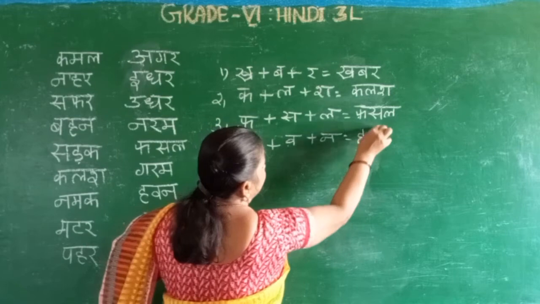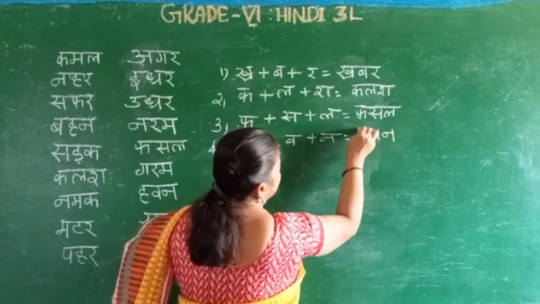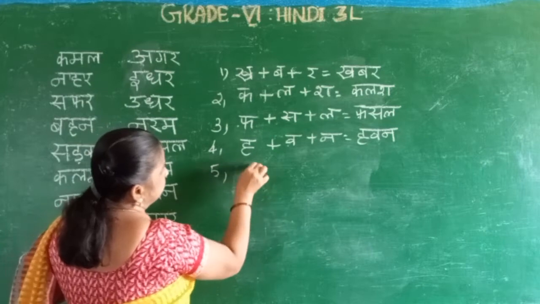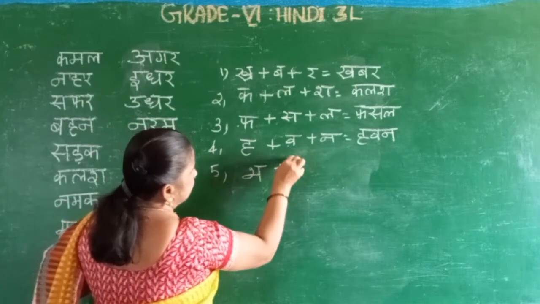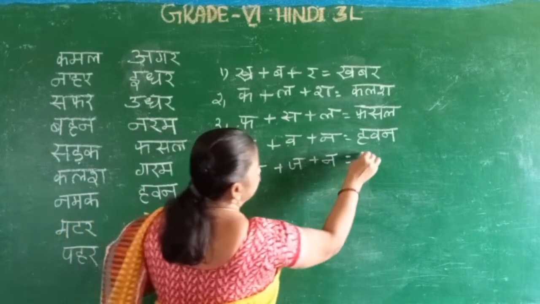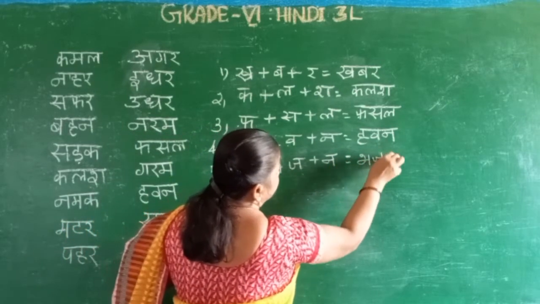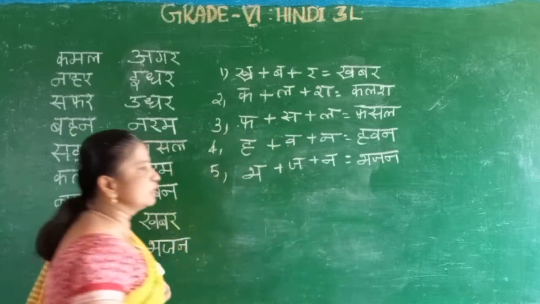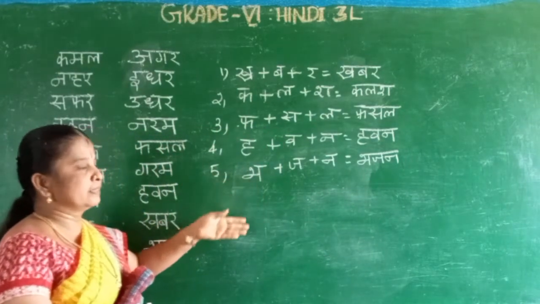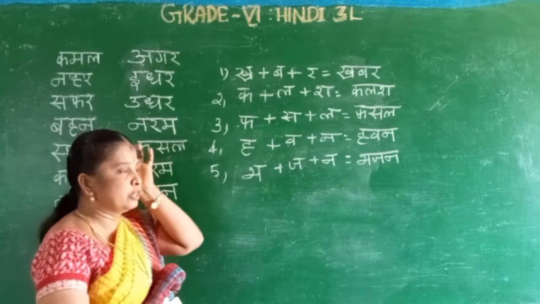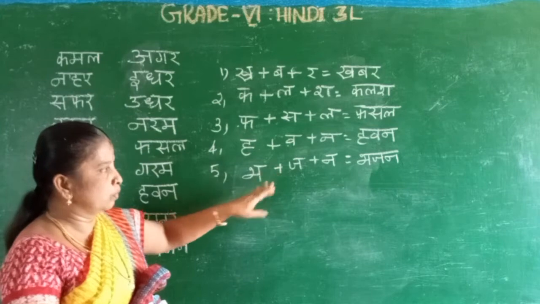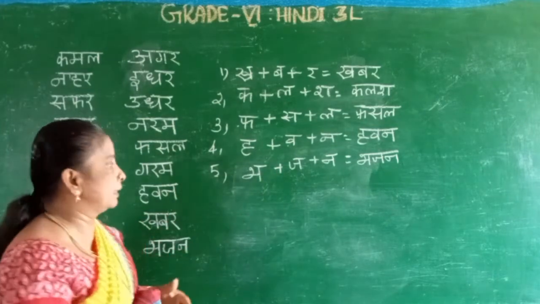Ha va na. Havan. And fifth one, bhajan. Ba ja na. The same. Bhajan. It's very easy, no? Whenever you have a free time, you do some game like this, ha plus ja plus, then only you identify the letter sound and you improve your reading practice.